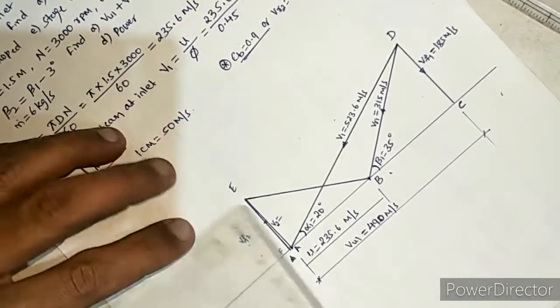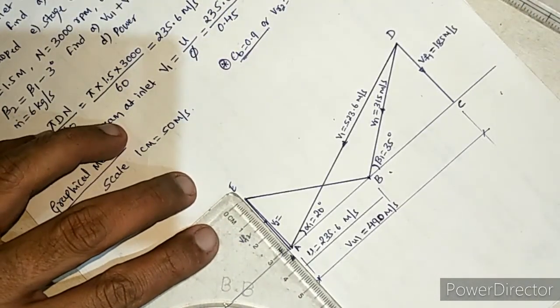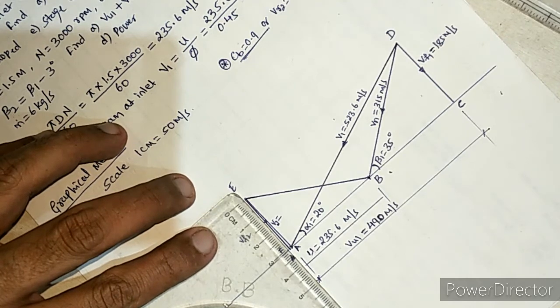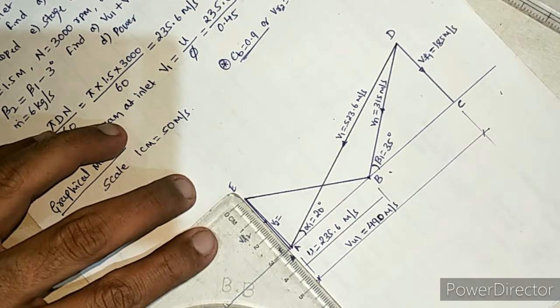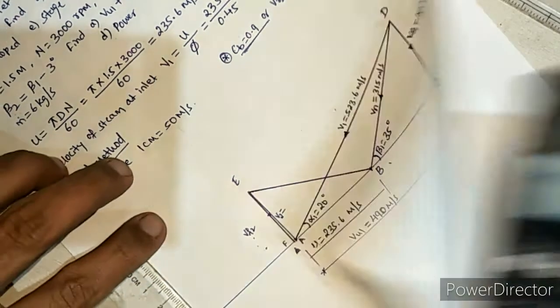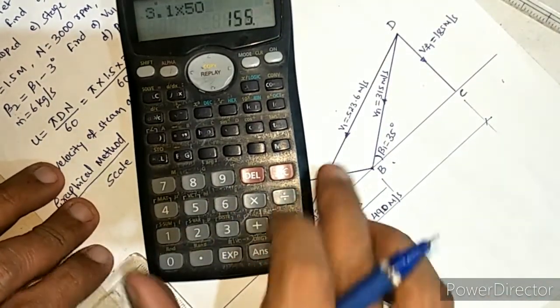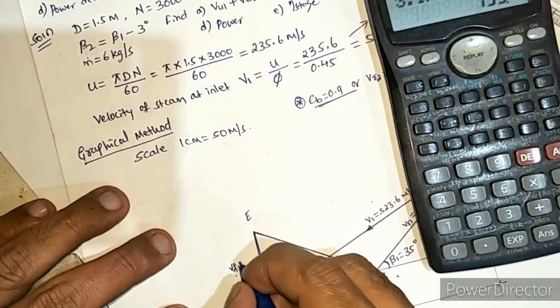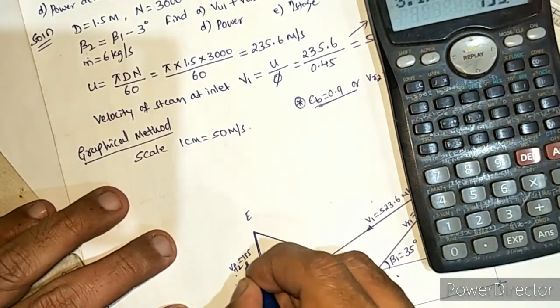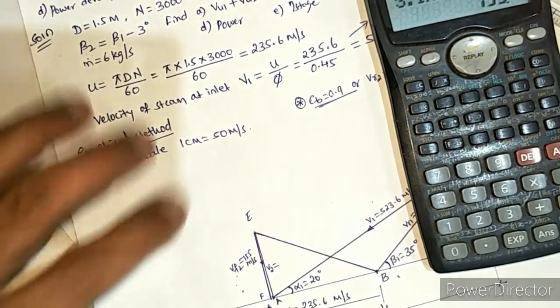So I am going to measure the length. Here V2 and VF2 are almost the same, 3.1 centimeter. So 3.1 into 50, it is 155 meters per second.